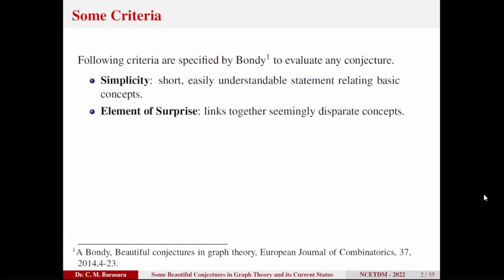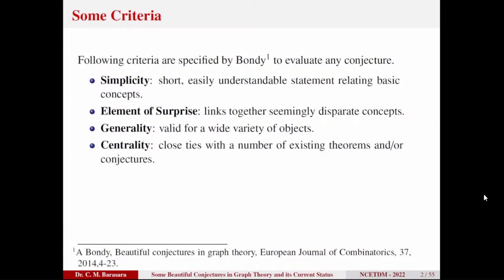It must link together seemingly disparate concepts. The third criterion for evaluating any conjecture is generality. It must be valid for a wide variety of objects. These criteria have been set down by Bondi.